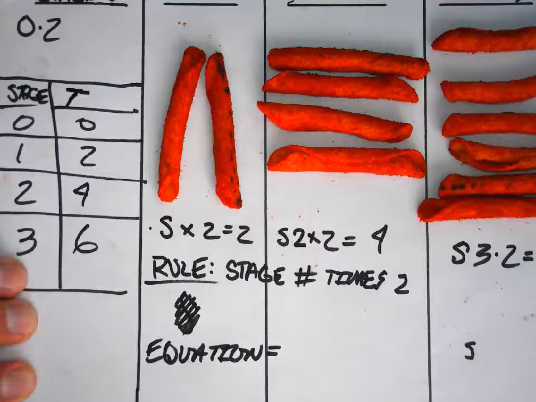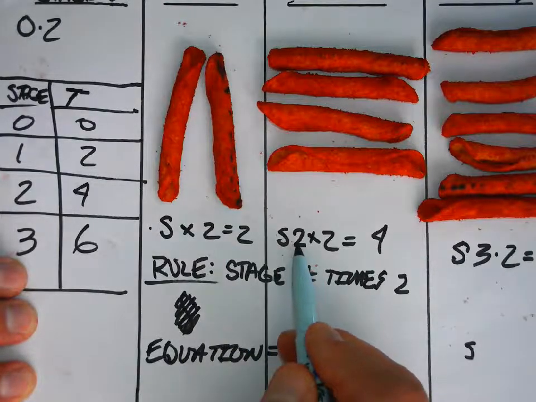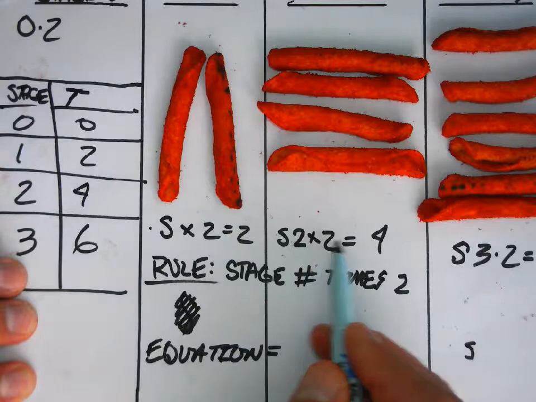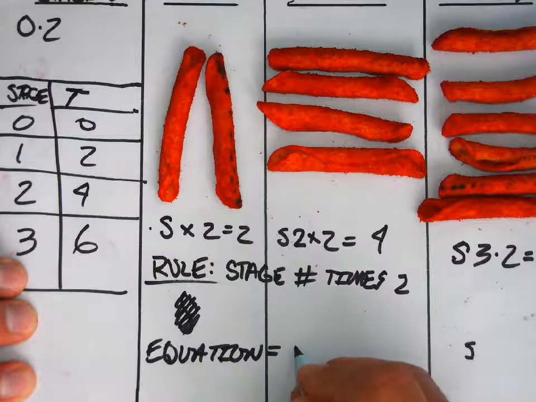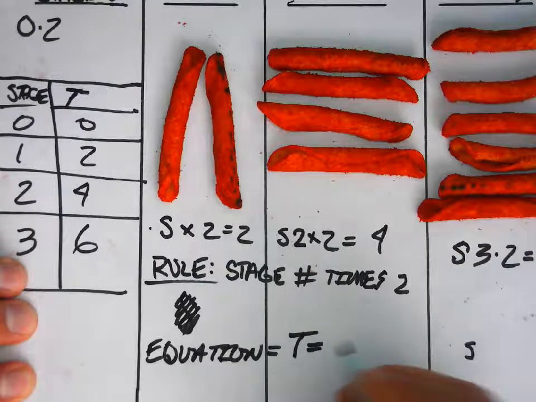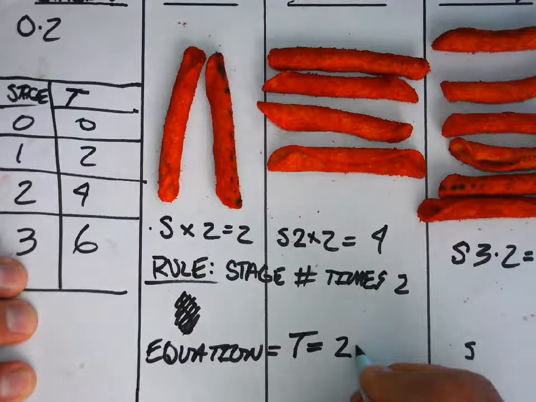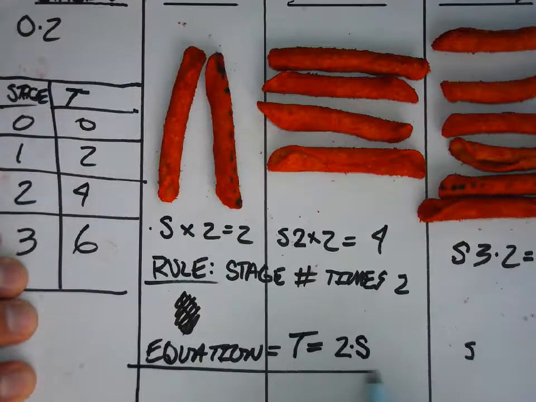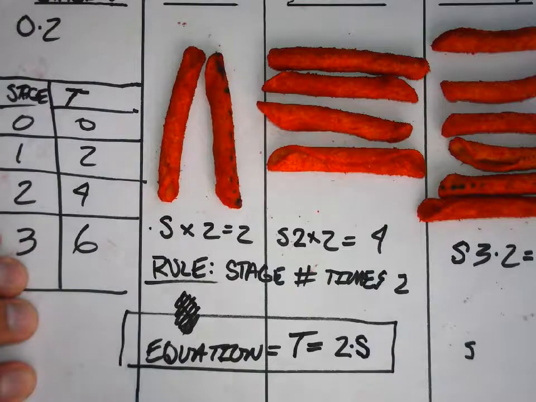There's a relationship: S number times 2 equals Takis. So Takis equals 2 times the stage number. So here's our equation: T equals 2 times S.